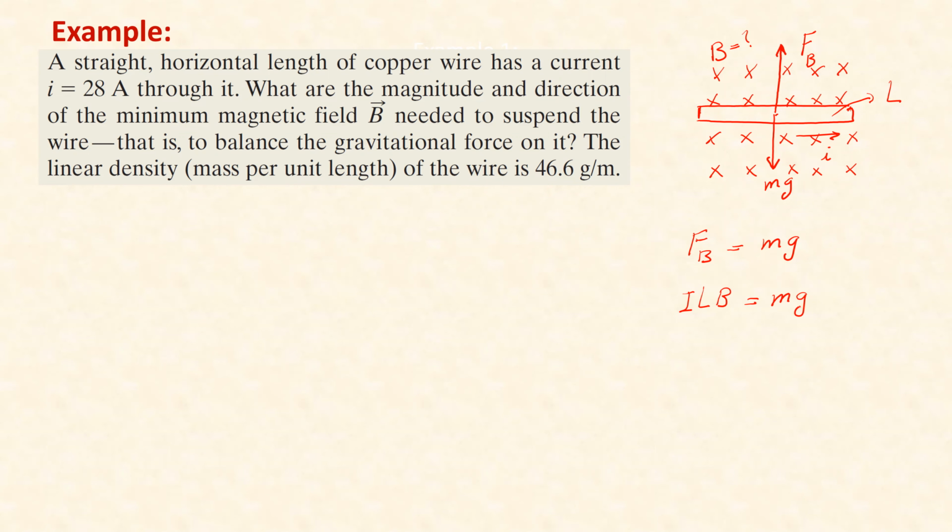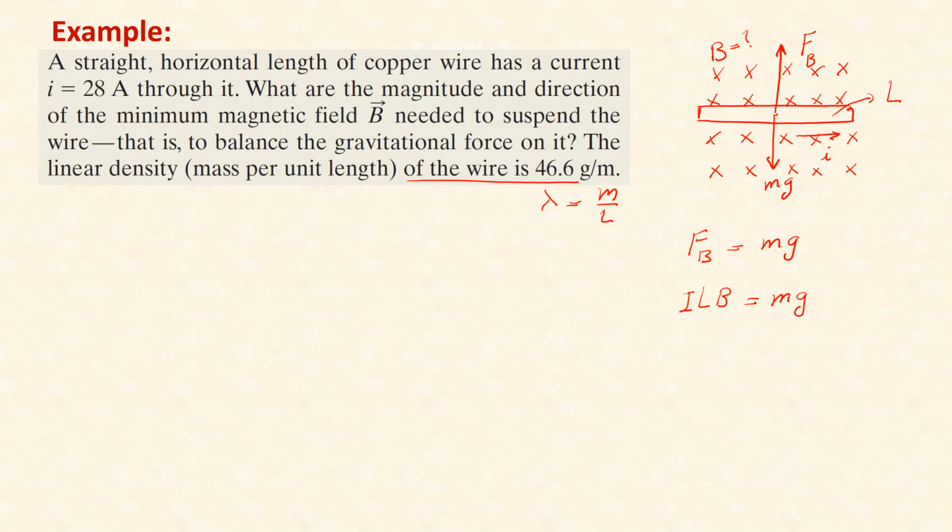But you see, we don't have the mass of the wire. We have the linear mass density, the mass per unit length. We don't have the mass. What should we do here? Let's say this is lambda, which is mass divided by length.